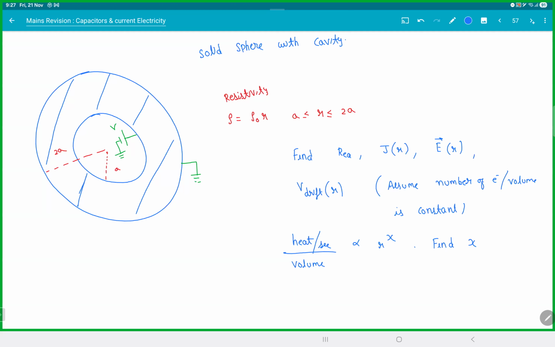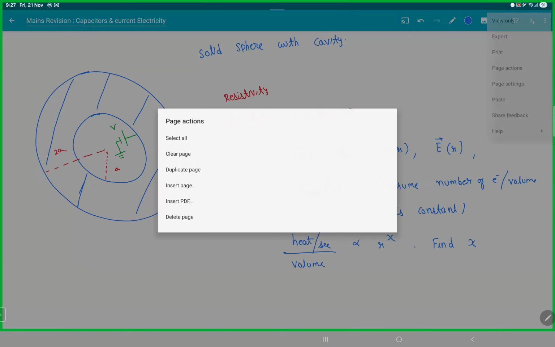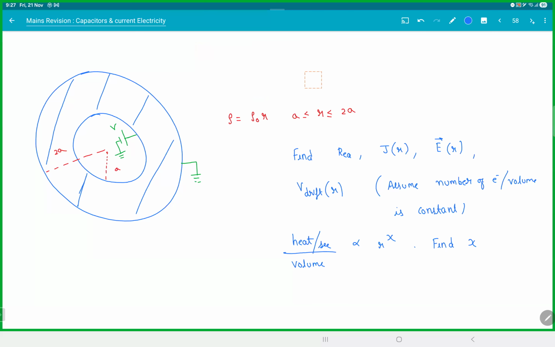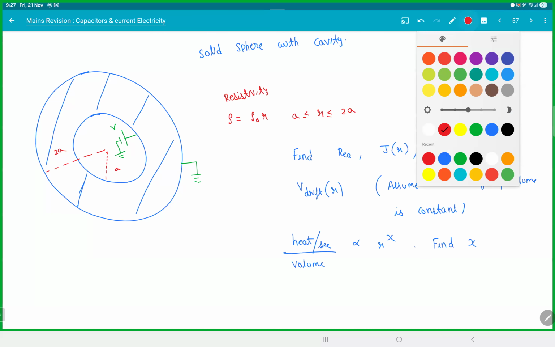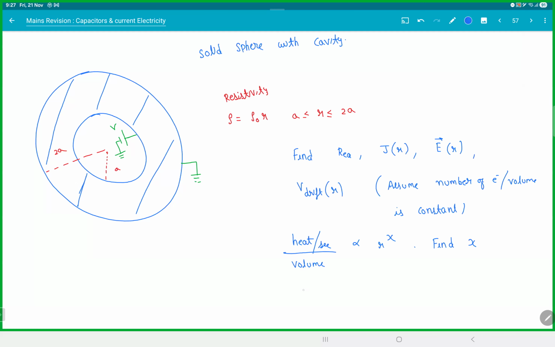Let's see. At a distance r, take a thin shell. There's one more question I can ask you actually. Find the potential as a function of r. That's another good one.